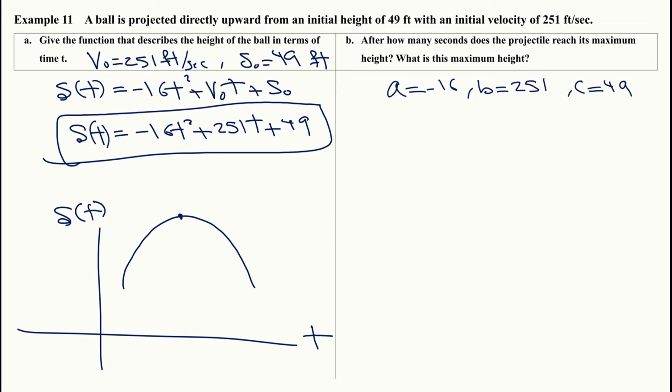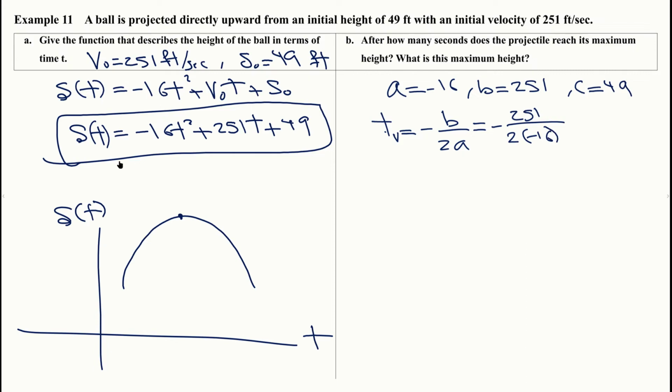So therefore, I really didn't need C, but let's just write it, it's okay. So here I'm not going to say the x value of the vertex, I'm going to say the t value of the vertex is going to be negative b over 2a, right? So it's going to be negative 251 over 2 times negative 16, right?